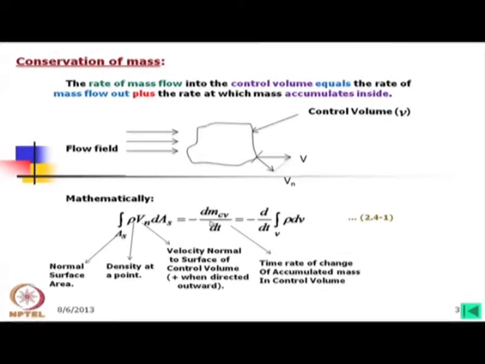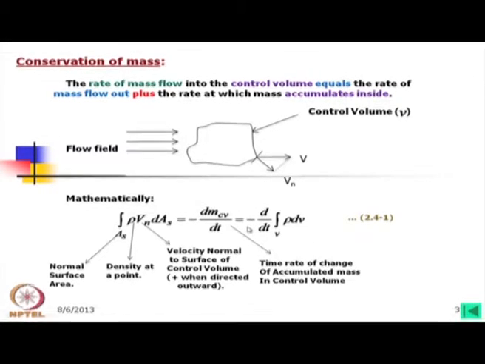That must be equal to time rate of change of accumulated mass in control volume. M C V is the accumulated mass. Now, this means that the minus sign is given here. The reason is that if the mass is accumulated inside, then V n will be in the opposite direction.